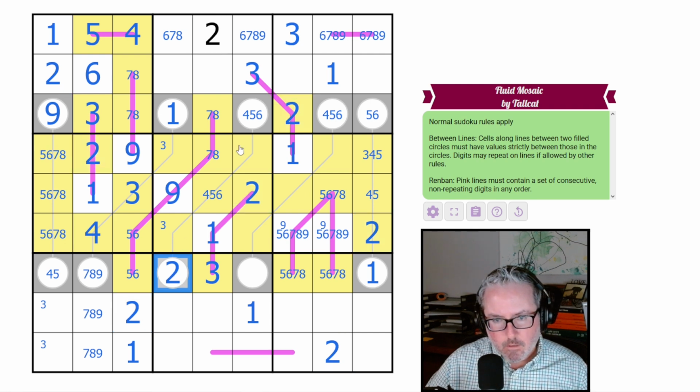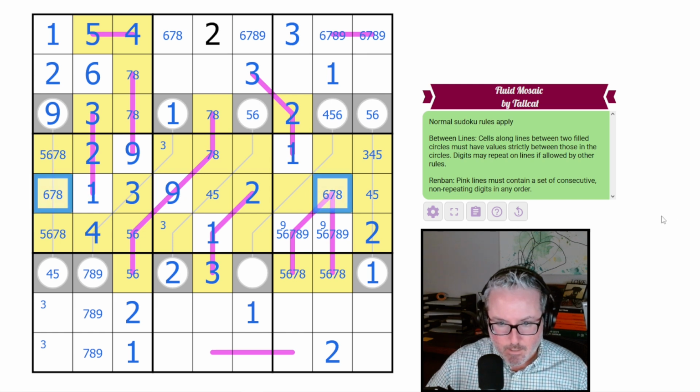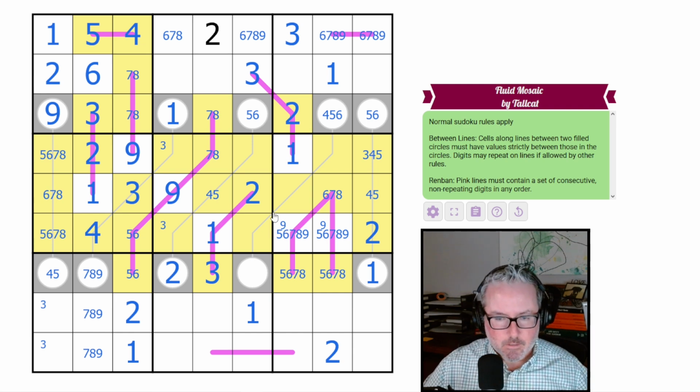Now, this can't be 4. This can't be 6. We get a 4 or 5 pair. These are not 5s. Okay. Again, we're trying to be systematic here. This is 6, 7, or 8.